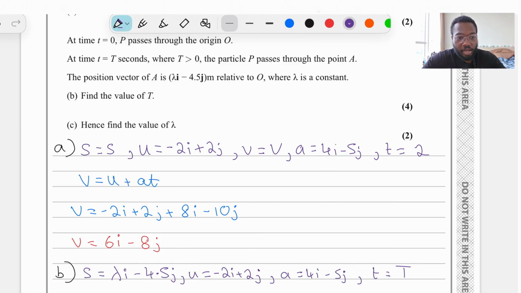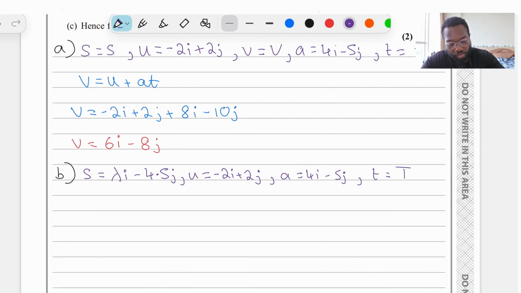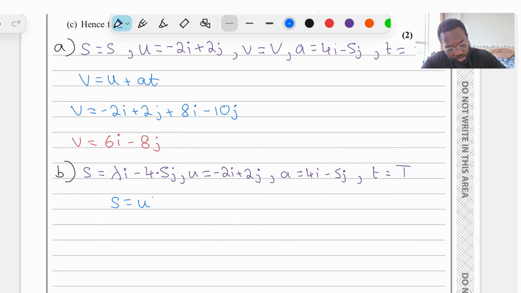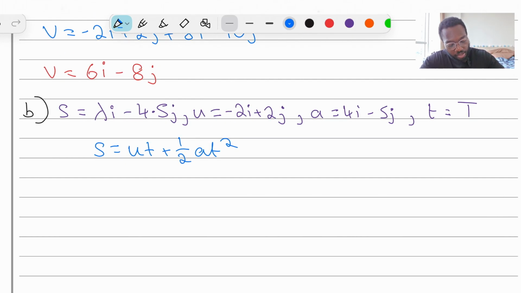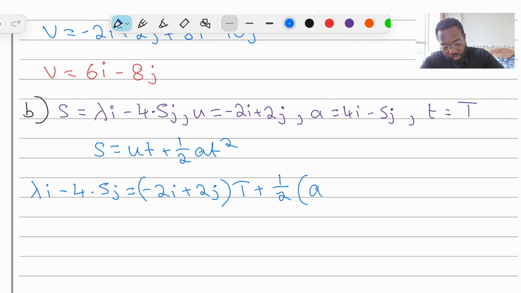So we've got all this information. Now we can put this into the SUVAT equation s equals ut plus a half at squared, and work it out. So we get lambda i minus 4.5j equals minus 2i plus 2j, times t, plus a half of the acceleration, which is 4i minus 5j, and then times that by t squared.